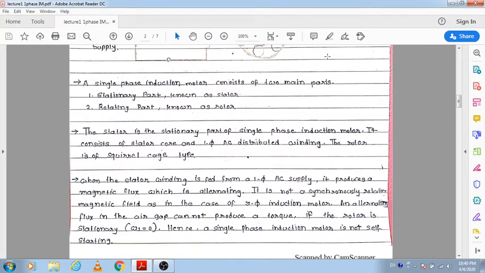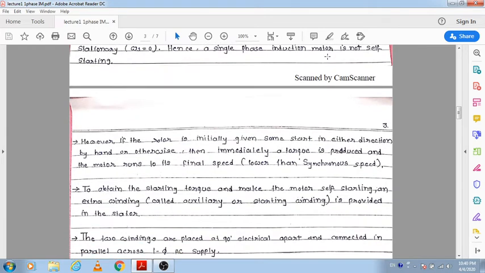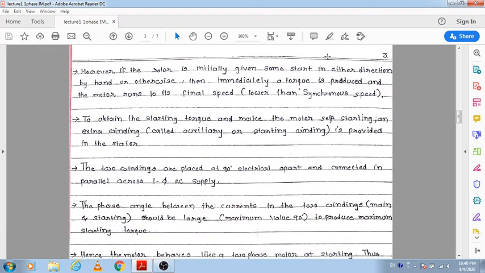But if you give a small effort, if you just give a small torque with your hand when you start the machine, then it rotates automatically. We'll see how that works. For that, the single phase rotor is initially given some start, as I have told you.